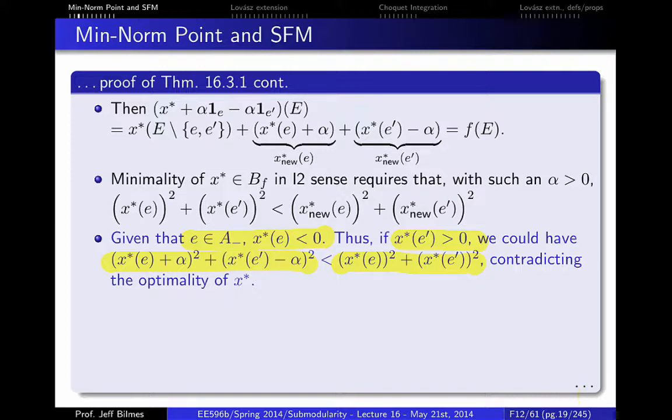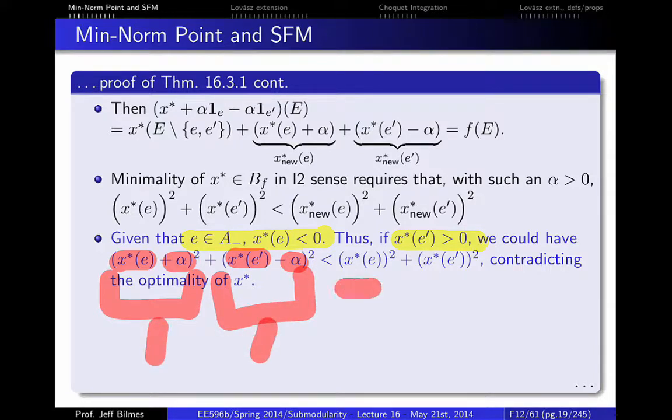We said that this guy is less than 0, so we're adding a positive value, which makes this whole term a little bit smaller. If this guy was greater than 0, we're subtracting a positive value, so it would make this guy a little bit less. And so these two guys are going to be less than these corresponding guys, which would violate the optimality, which contradicts the optimality.